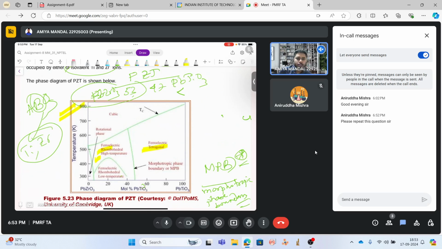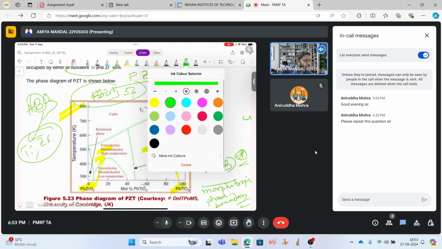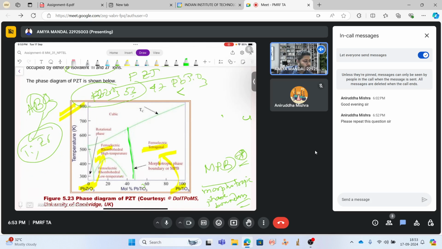So lead zirconium titanate mainly follows the rhombohedral phase, and lead titanate is related with the tetragonal phase. In between them, this region, what does it tell?